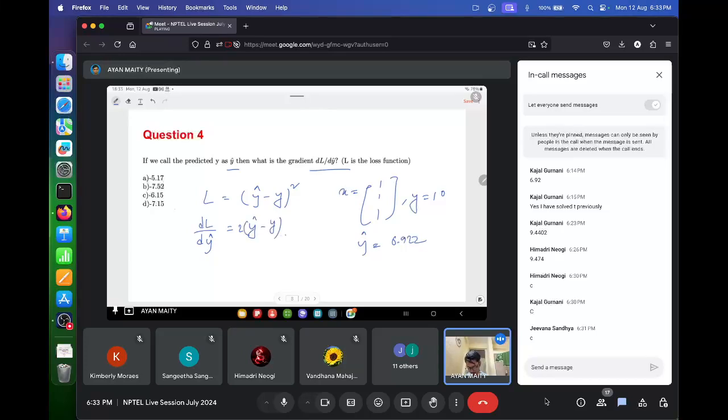Yeah, this is the gradient. Now we know that y hat is 6.922, y is 10. We just have to plug in these values here. So 2 into 6.922 minus 10. It would be slightly more than 6. So yeah, it would be C, minus 6.15.